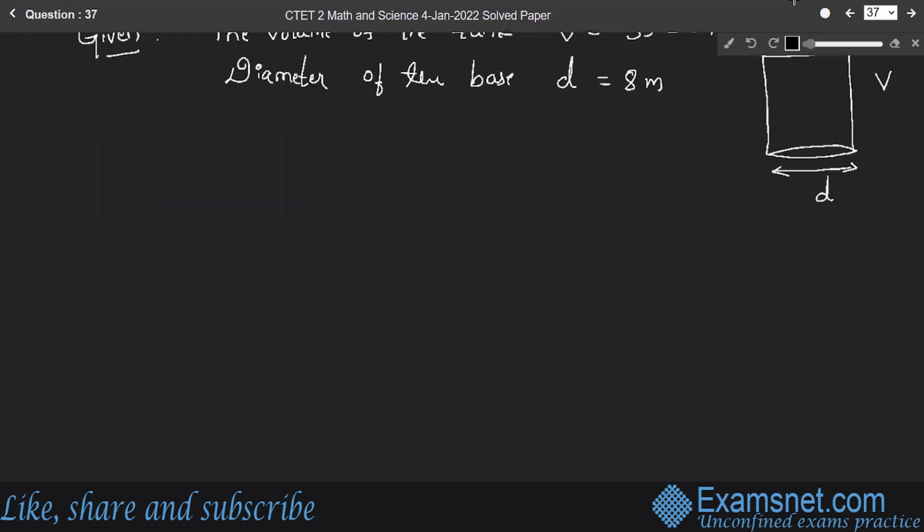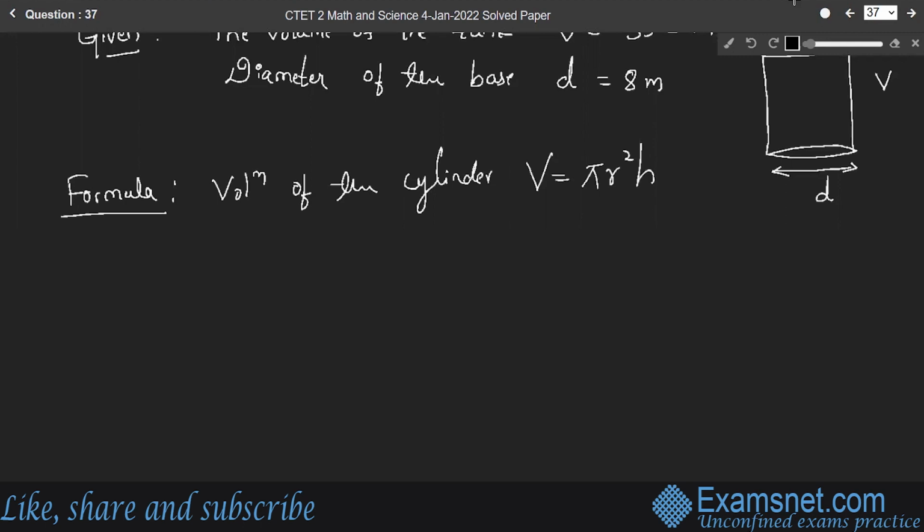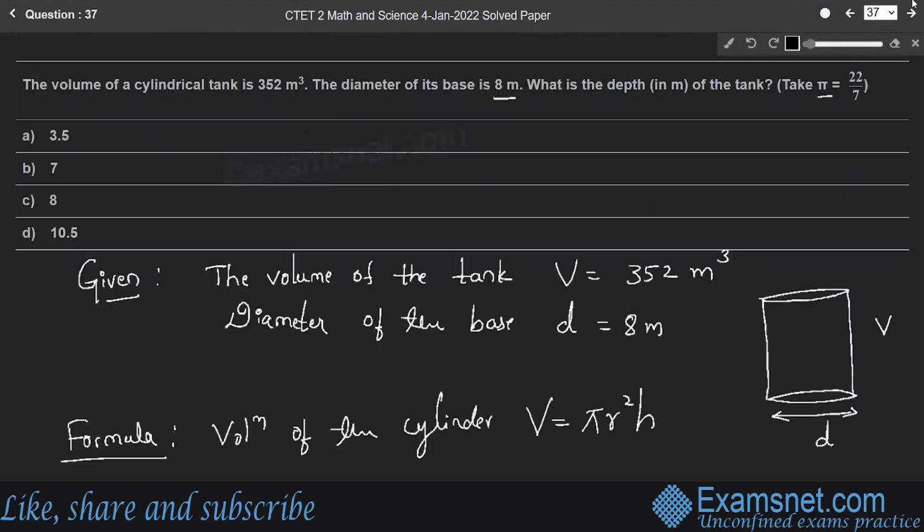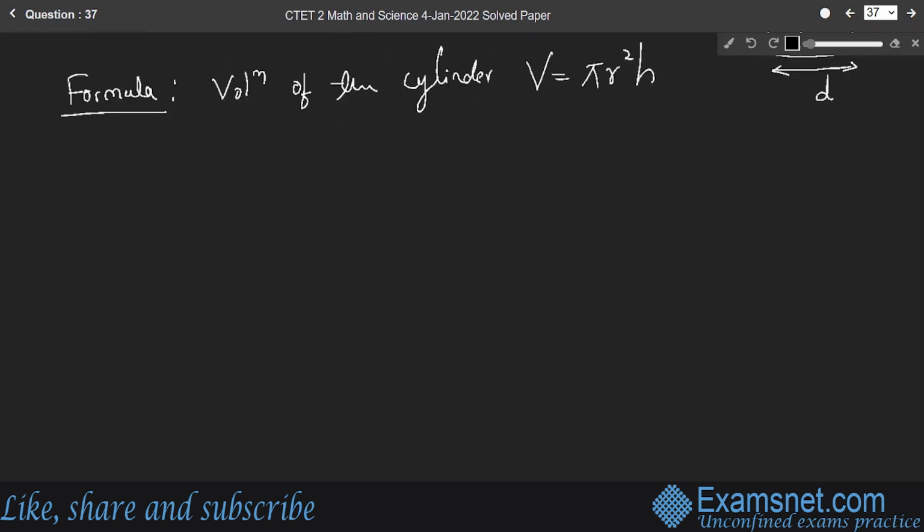So formula to be used here: volume of the cylinder V is equal to pi r square h. Here we need to find the depth of the tank. Depth means height of the tank here. So depth or height of the tank we need to find out.